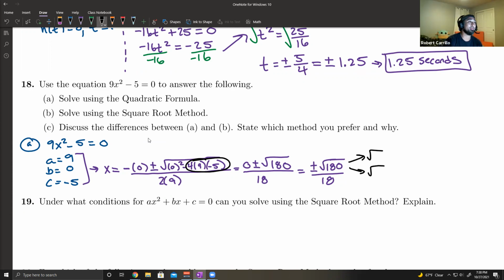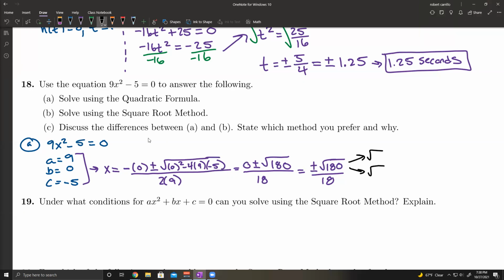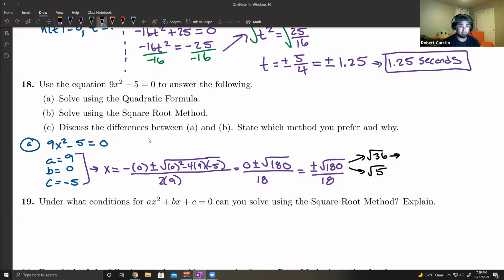So what number does 4 times 9 make? 36. And then there's that 5 left over, right? And look how nice this is going to work. What's the square root of 36? 6. All right, guys.